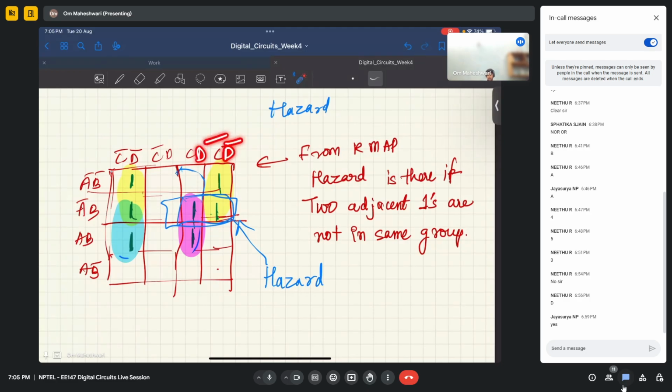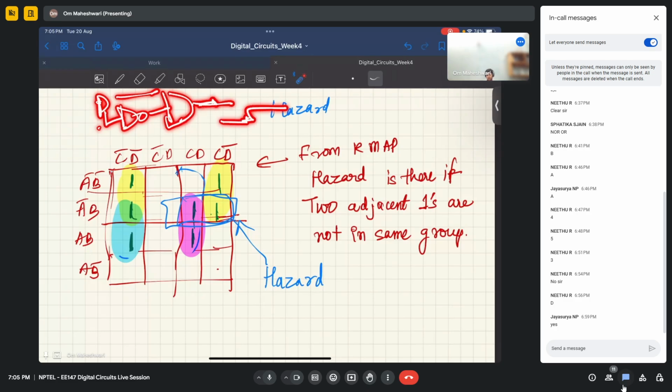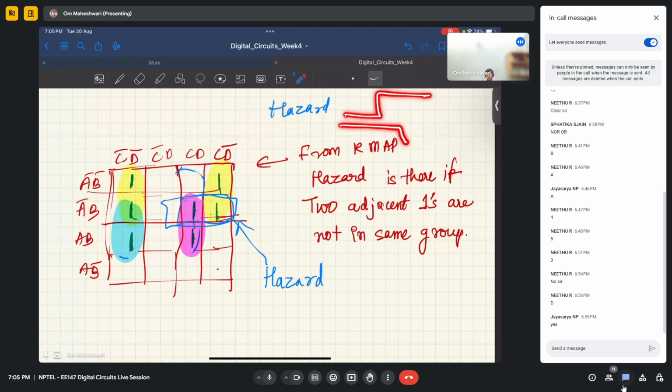So when changing from D to D bar, it may happen, like what we studied, that due to delays present, this period of time can cause some hazard. So whenever there are adjacent ones in the K-map which are not grouped together, it can cause a hazard.